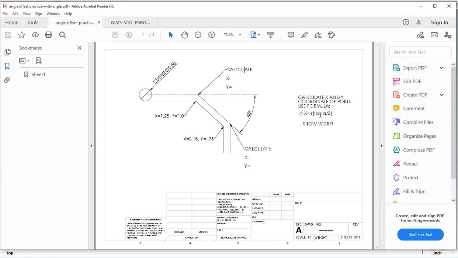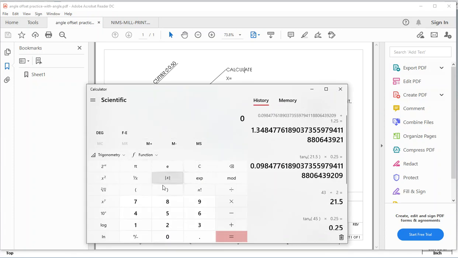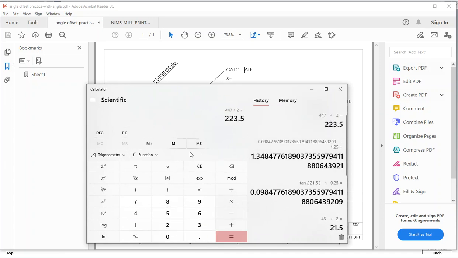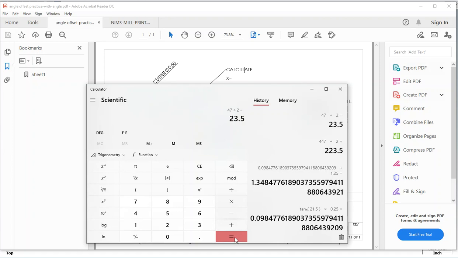So I take 47, divide by 2. Oops, that's not right. I must have made a bad click. 47 divided by 2, 23.5.